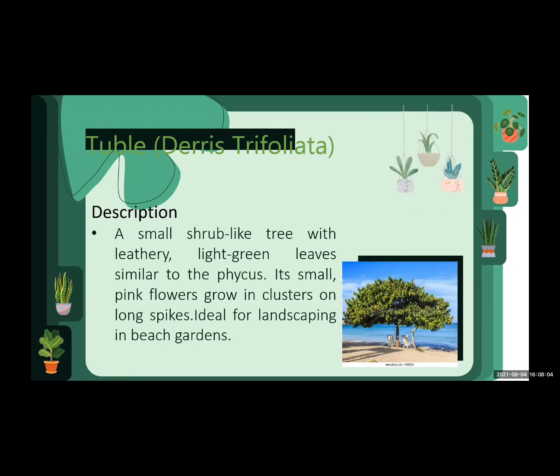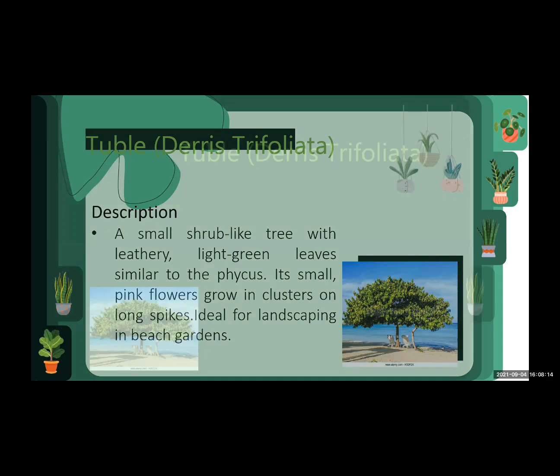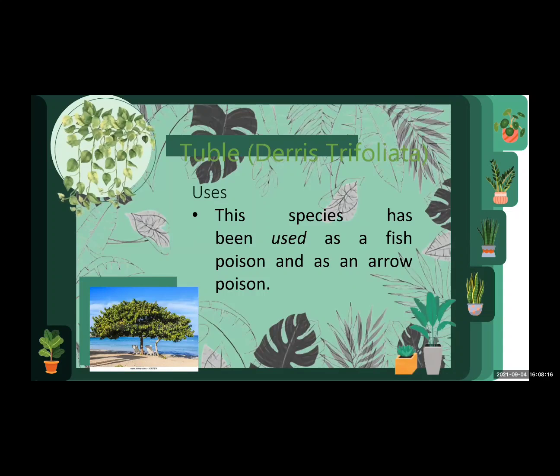So you can see it at the beach and in landscaping of houses. The uses: this species has been used as a fish poison and as an arrow poison. So its leaves can be made into fish poison, used on arrows when people go hunting.